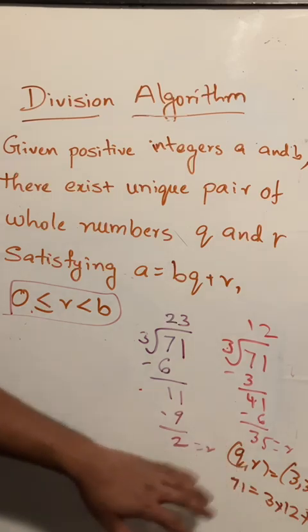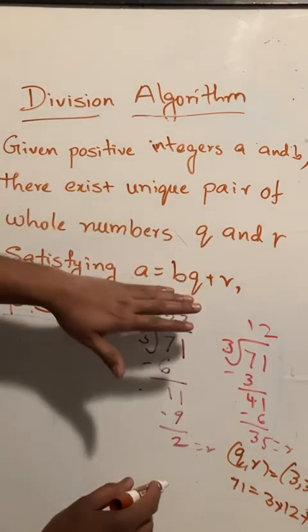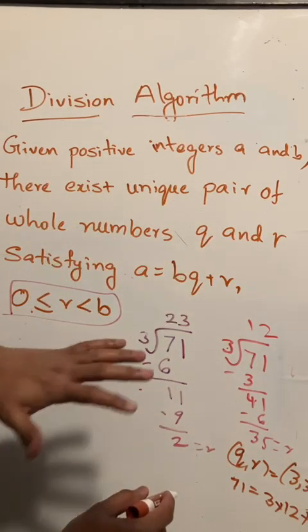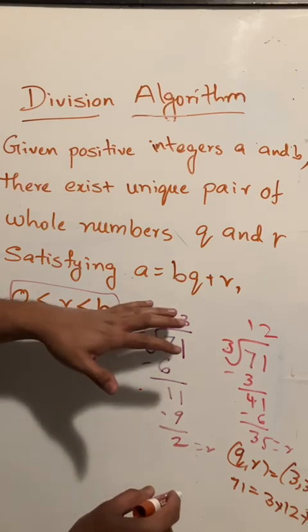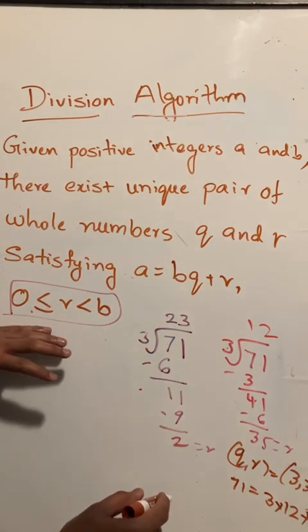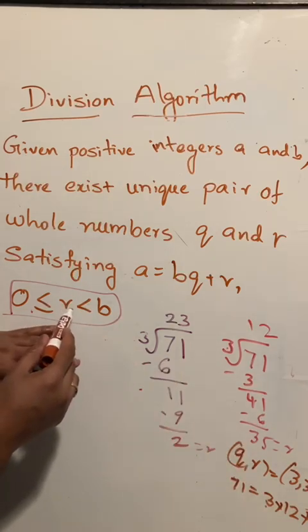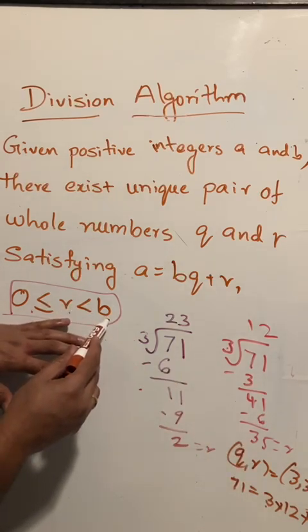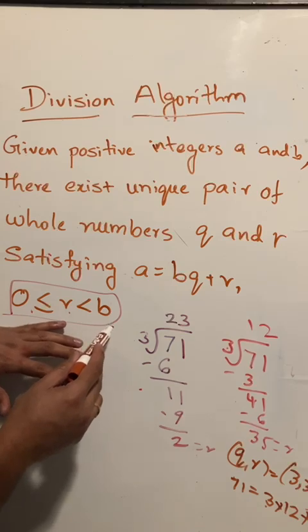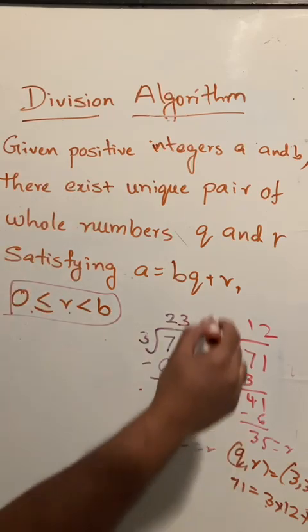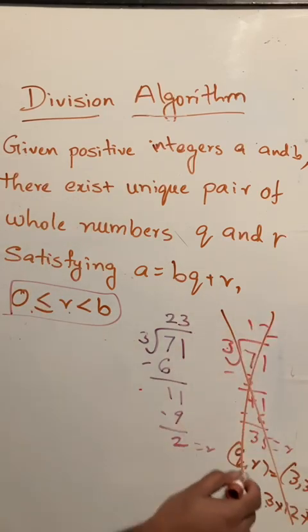So here it is satisfying this condition. This is good. But where exactly is it failing? It is failing to satisfy this condition: the remainder is greater than 3. He wanted the remainder to always be less than b. That is the intent here. So this is not what he is talking about.